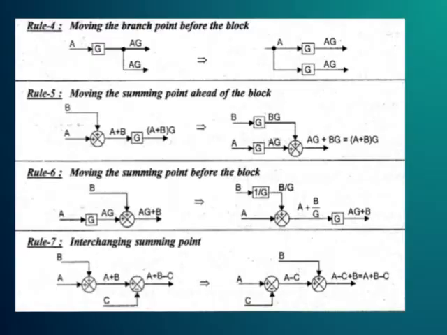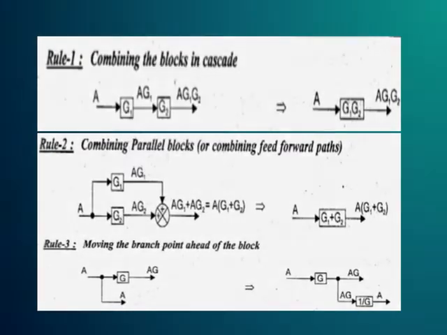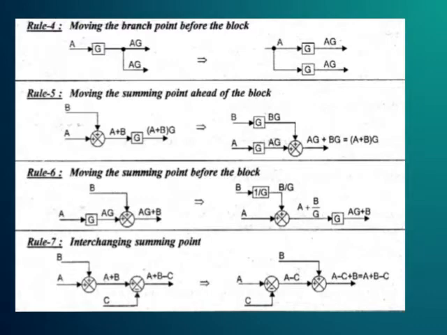And then we have rule number 5 as moving the summing point ahead of the block. Here the summing point has A and B coming together as plus and plus, which is the summing point. Again this is connected to the block.